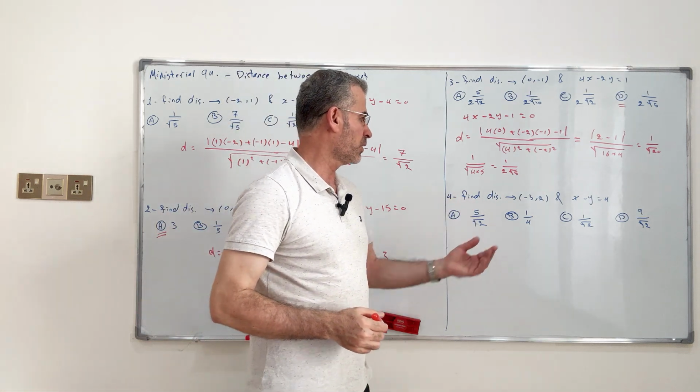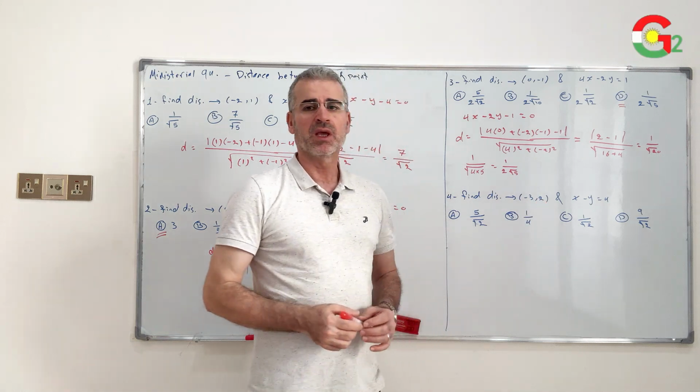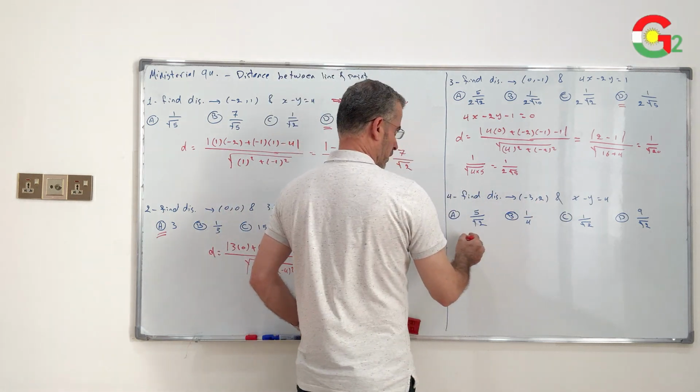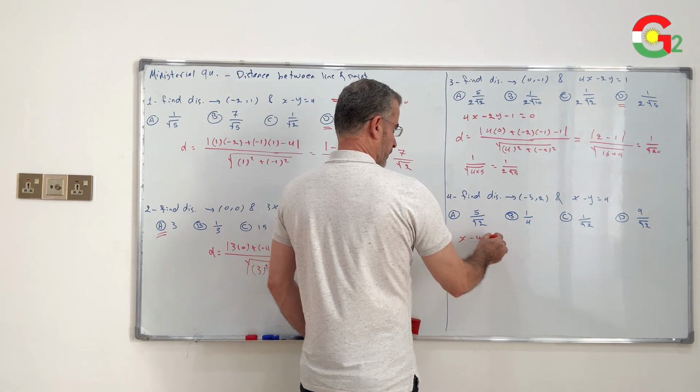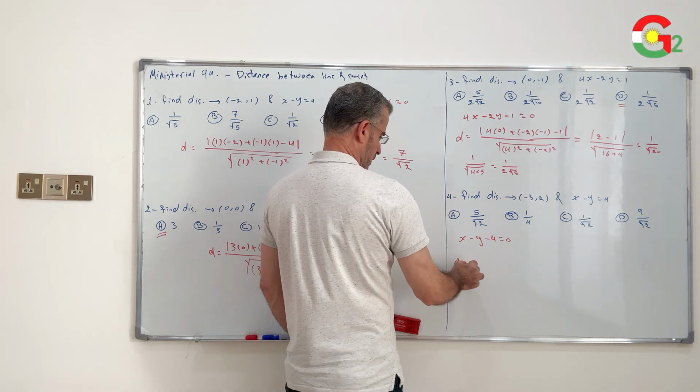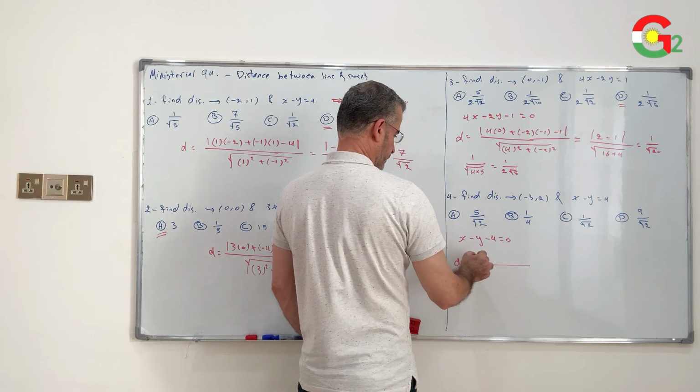Find the distance between the point (negative 2, 3) and the line x minus y equals 4. Rewrite the function in general form, then find the distance.